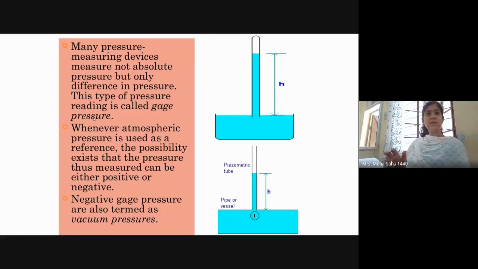It will compare with the atmospheric pressure, or it will compare with the mercury pressure. Whenever atmospheric pressure is used as a reference, the pressure thus measured can be either positive or negative. If it is below atmospheric pressure, a negative gauge pressure will come. Those negative gauge pressures are also termed vacuum pressures.